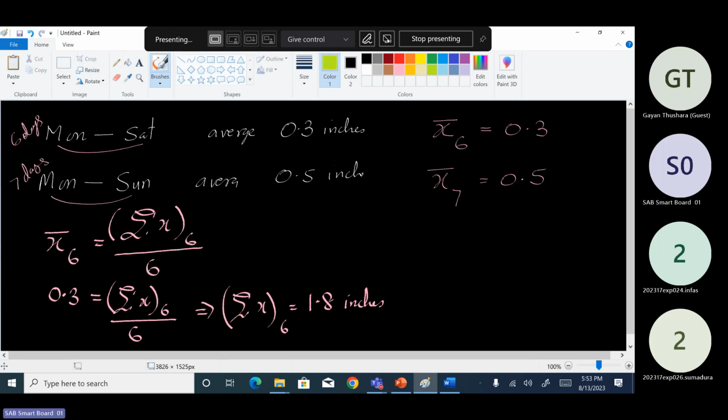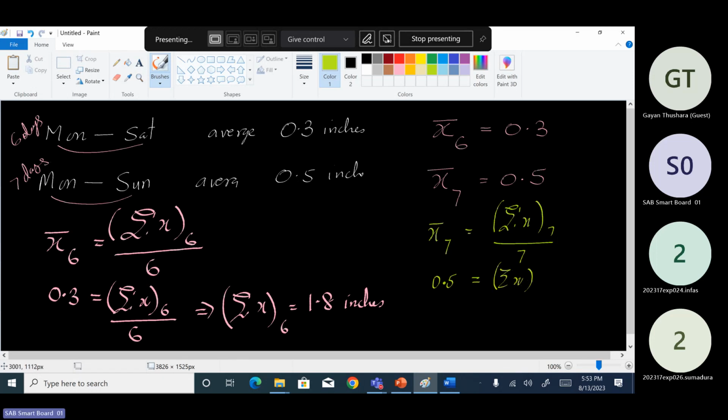So now similarly, we go for the other one. X bar 7. How would they have calculated X bar 7? They would have calculated sigma X 7 divided by 7. This value is given, 0.5.